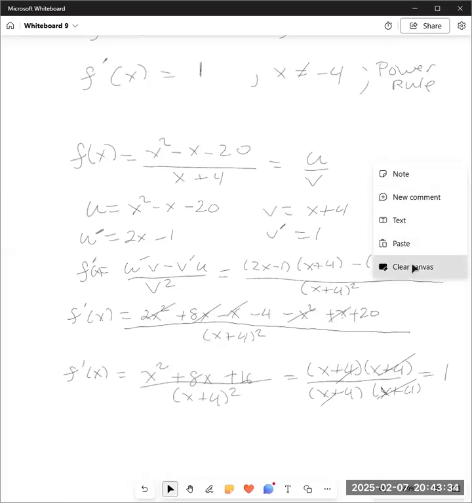Let's clear our canvas. Number 39 is written as g of t is equal to 2t to the third minus 1 quantity squared. And we do not know something called the chain rule yet.